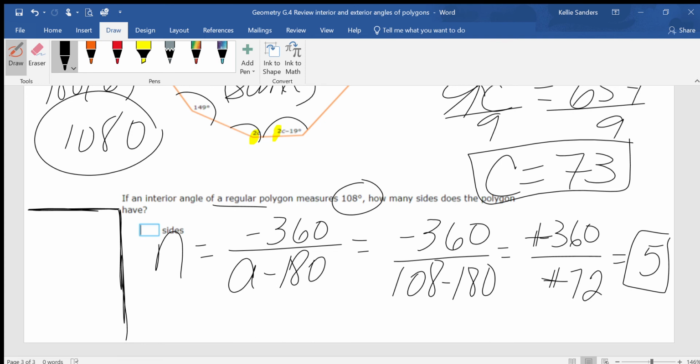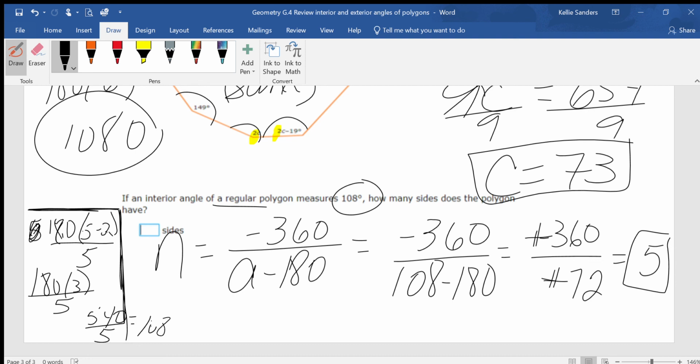If I had 5 sides, that would be 180 times 5 minus 2 divided by 5, 180 times 3 divided by 5, 108. Okay, just making sure. I didn't want to tell you wrong on everything else. So 5 would have been your answer.